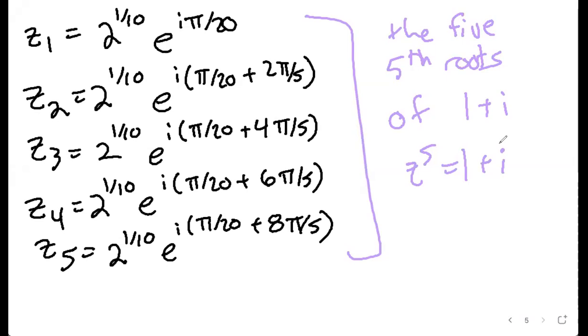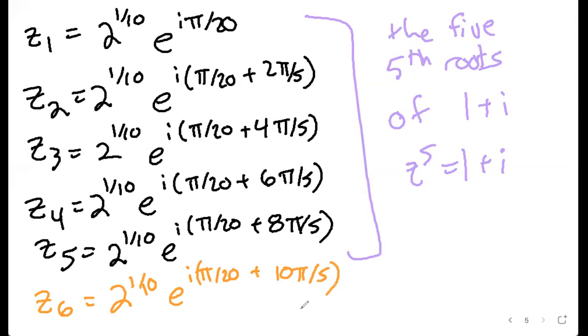There's a couple of things I want to do here. Number one, why do we stop at 5? Let me just point out that if we were to add on another multiple of 2 pi over 5 and keep the pattern going, z sub 6 is 2 to the 1/10 e to the i pi over 20 plus, now there'd be a 10 pi over 5, but 10 pi over 5 is really just 2 pi.